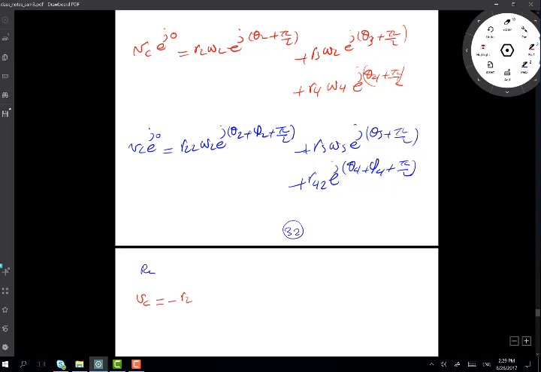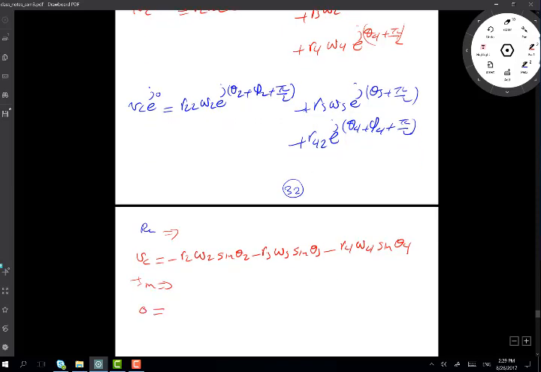It's equal to minus R2 omega 2 sine theta 2 minus R3 omega 3 sine theta 3 minus R4 omega 4 sine theta 4, and then the imaginary is going to be 0 being equal to R2 omega 2 cosine theta 2 plus R3 omega 3 cosine theta 3 plus R4 omega 4 cosine theta 4.